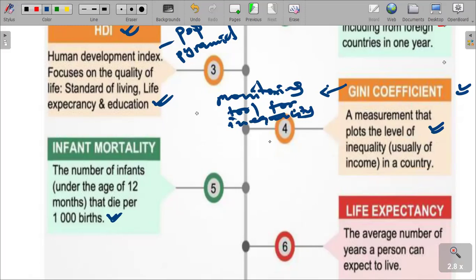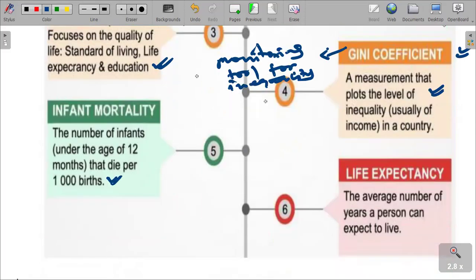It helps to identify areas of intervention that the government needs to promote and also close existing gaps in development in terms of inequalities.